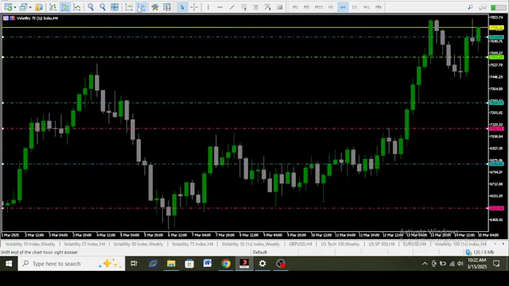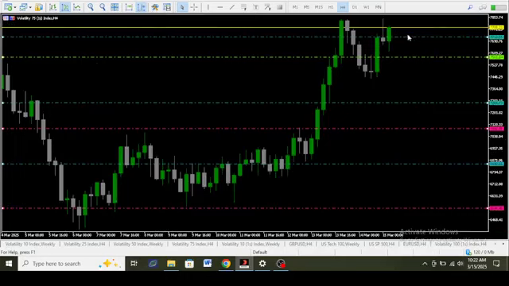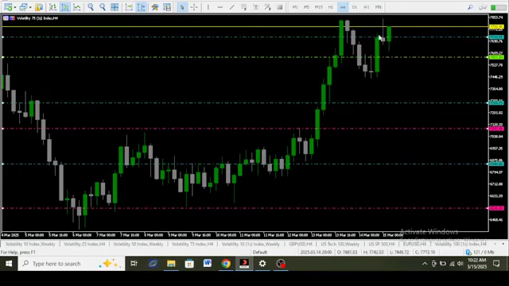Those are levels that you can use also for these levels here, 718 and 75 81, if it fails to offer us that buy.